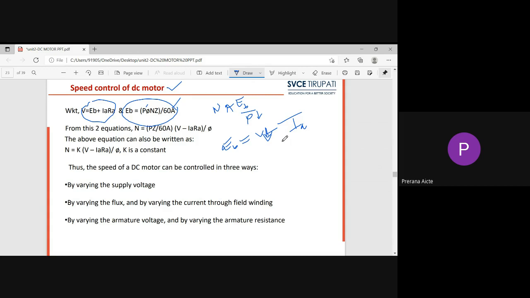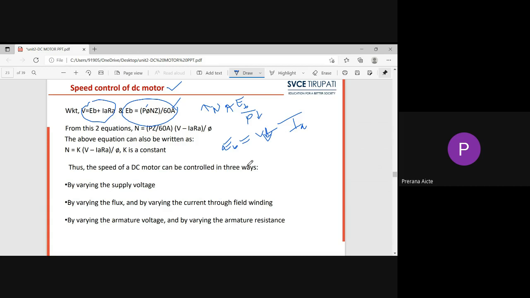There is a possibility of reduction in flux. Then when flux reduces, automatically speed is going to increase. For that reason, flux control method is suitable for above base speeds only. We can call it flux control method, also above base speed control method.